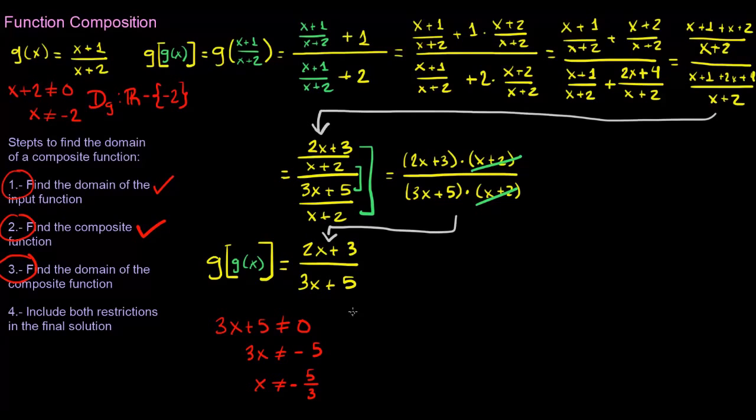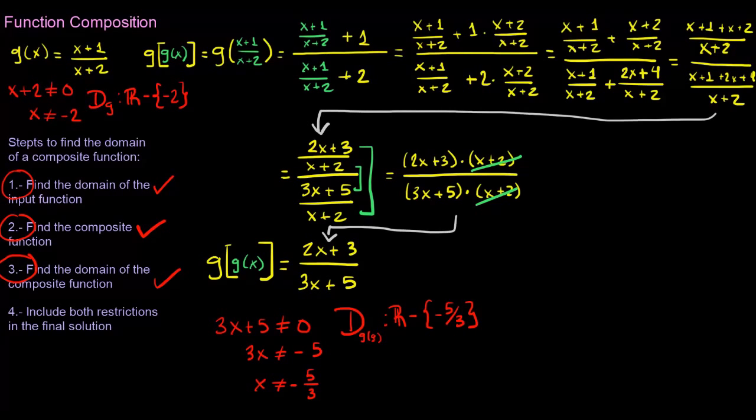In other words, the domain of this expression, which I'm going to call g of g, just to make it clear which domain I'm talking about, will be all the real numbers except for negative 5/3. Now, this is how we go along with the third step, finding the domain of the composite function.